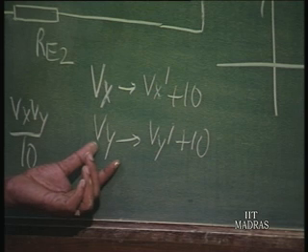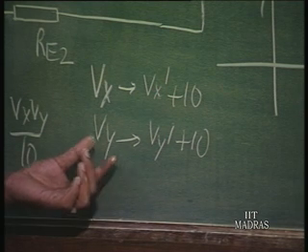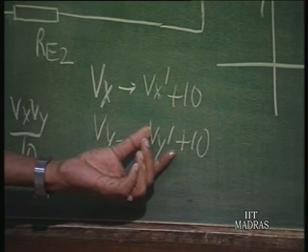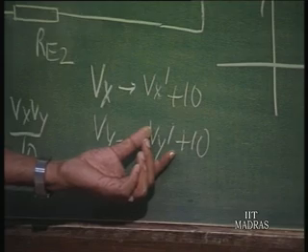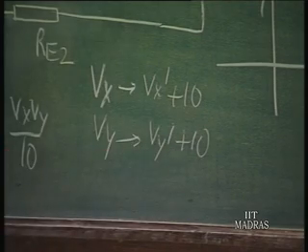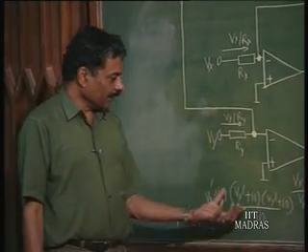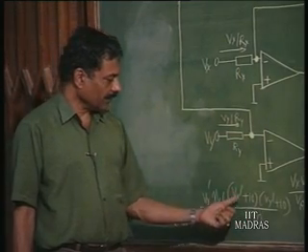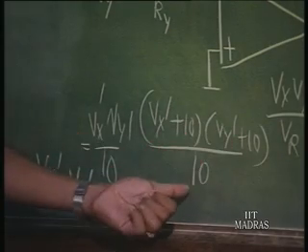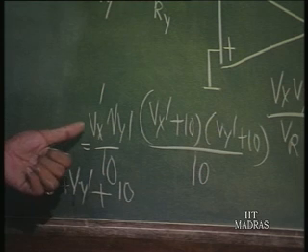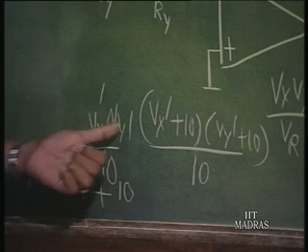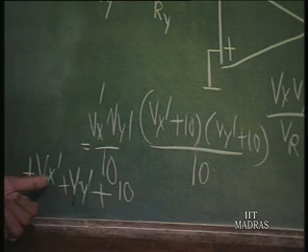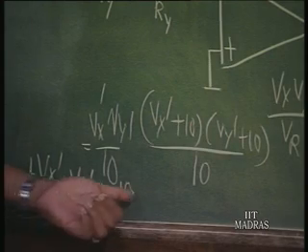Similarly, Vy, when it varies from 0 to 20 volts, this Vy dash can vary from plus 10 volts to minus 10 volts. Then we get the multiplied output of this single quadrant multiplier as Vx dash plus 10, Vy dash plus 10 divided by 10, which will give us the wanted output, which is Vx dash Vy dash by 10 plus Vx dash plus Vy dash plus 10 volts.